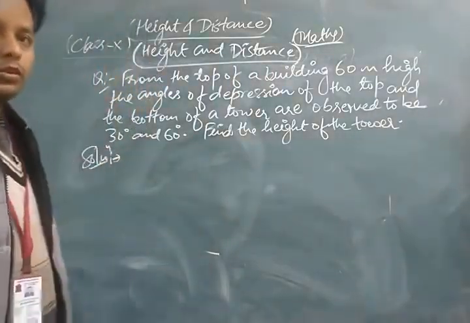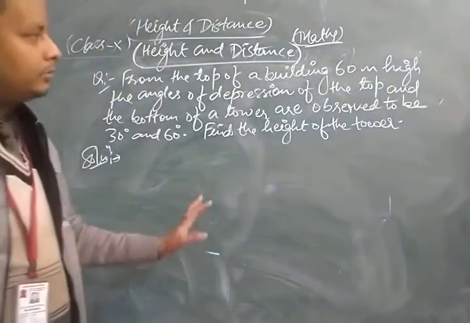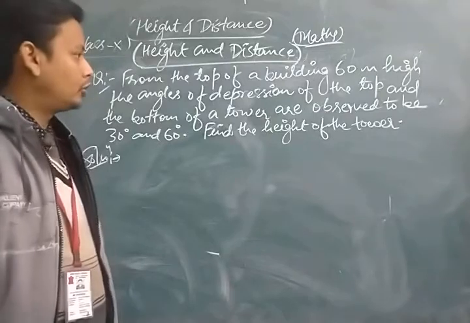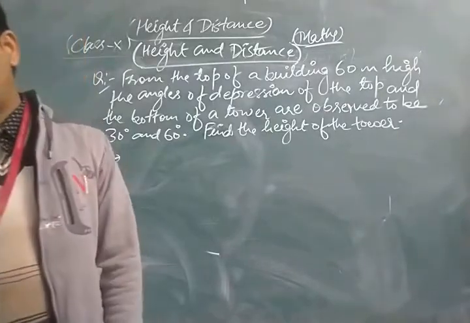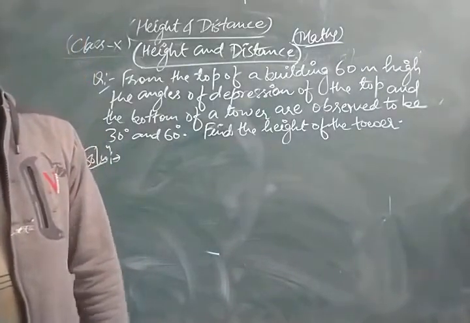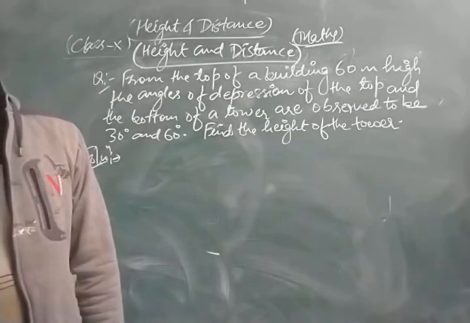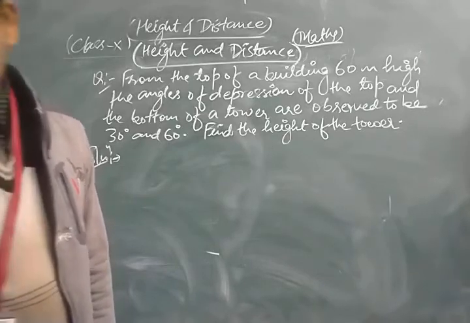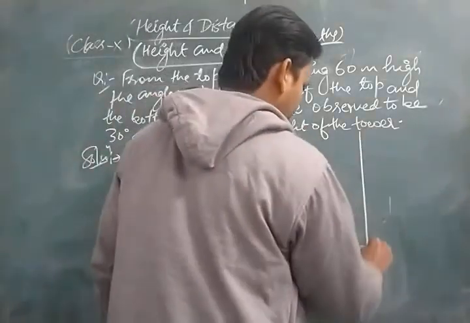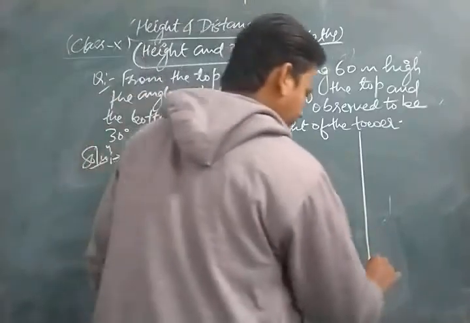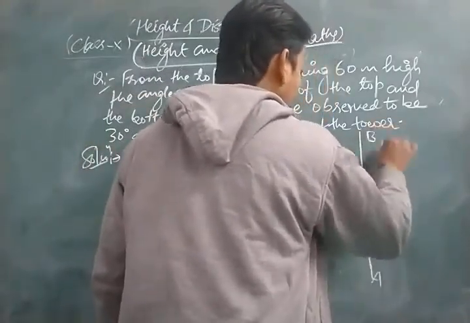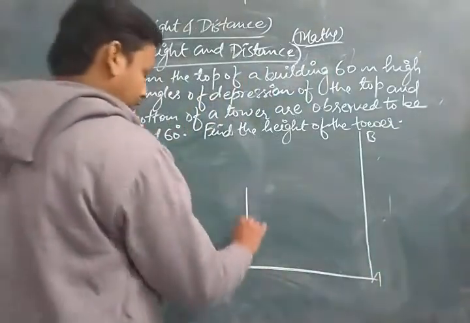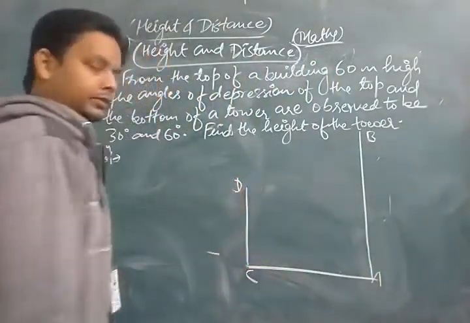Now look here. From the top of a building which is 60 meters high, the angles of depression of the top and the bottom of a tower. First of all, let AB be the building, placed on a horizontal surface, and CD be the tower.